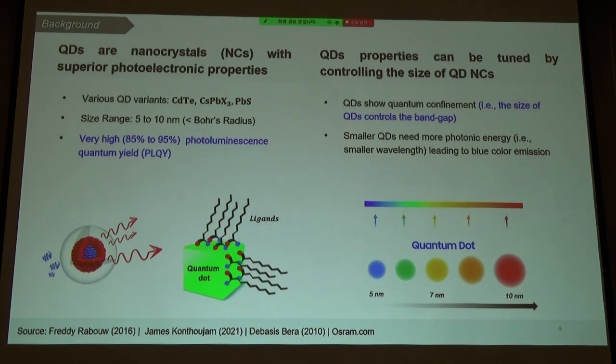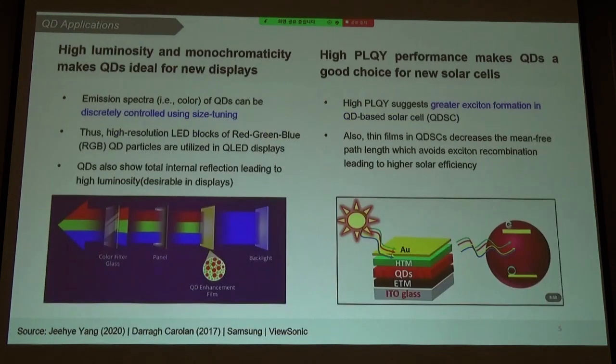If you look at this small cartoon, particles of a size of, say, 5 nanometers will emit more blue color when irradiated with UV. On the other hand, relatively larger quantum dots will emit red color.